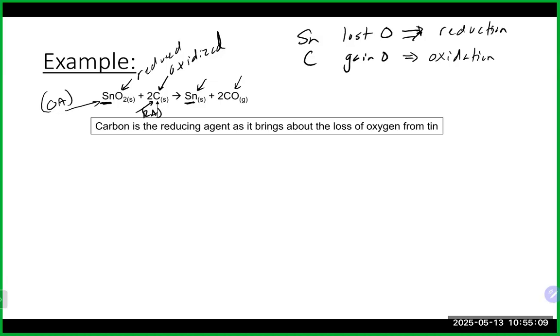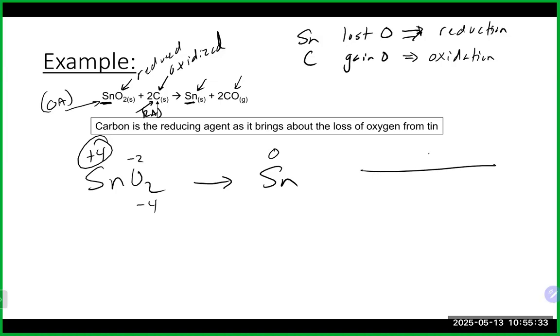Now, in this particular case, you don't actually have to use the oxygen gaining or losing, because you could just do oxidation states. That's -2 for oxygen, and that's a -4 overall. That is a +4 for our tin on the left-hand side. On the right-hand side, this is tin not attached to anything, which is 0.